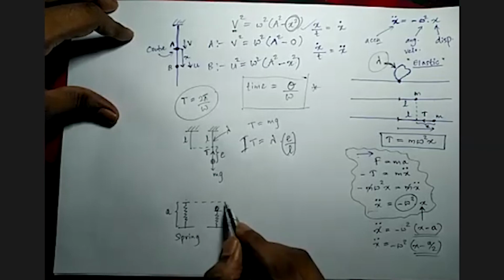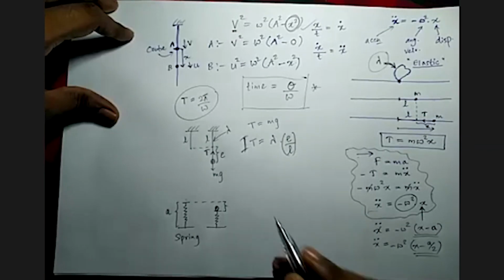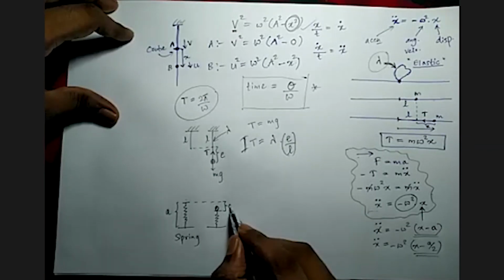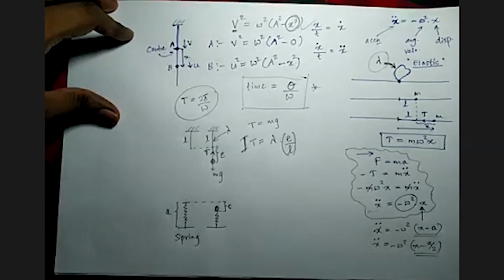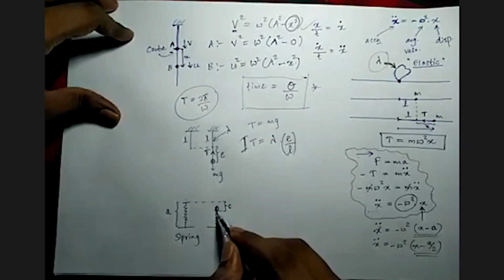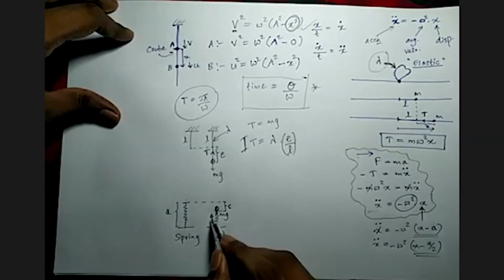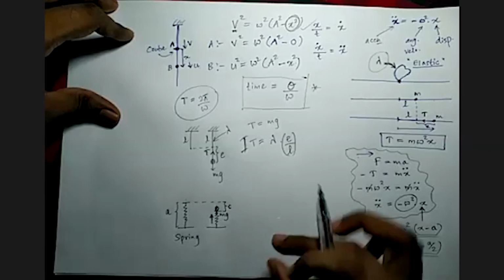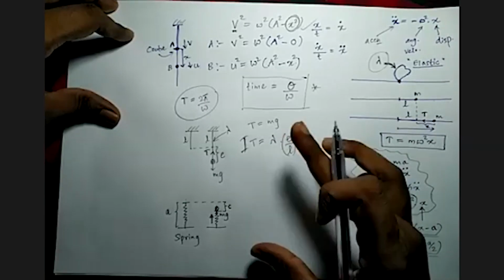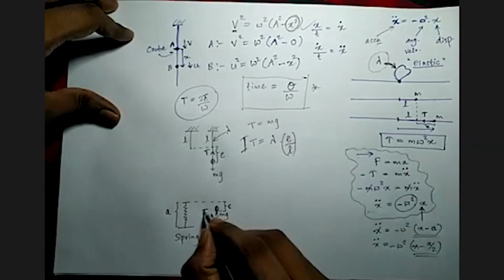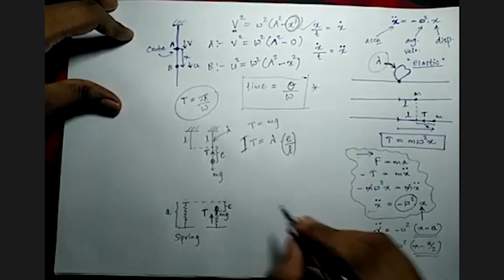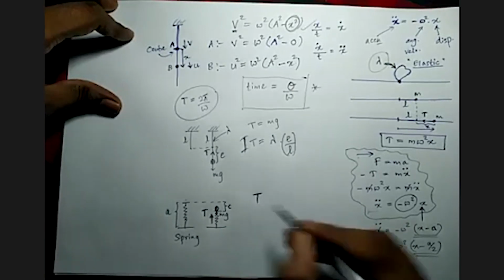It is going to compress. This is a compression. Let's say the compression is C. Then there is the weight of the mass mg and the opposing force created by the spring. Now it is going to expand. That is a kind of tension, but that is for a spring.